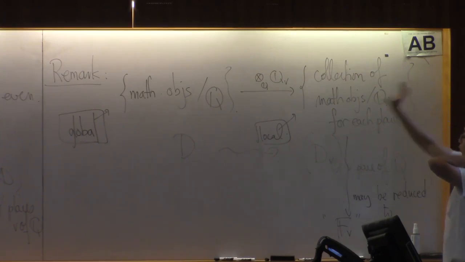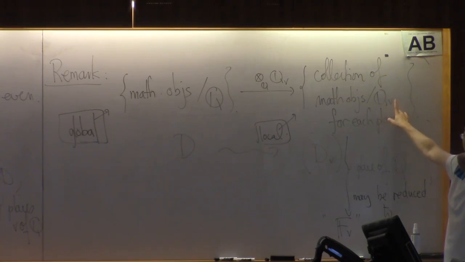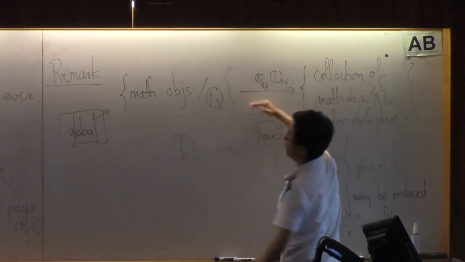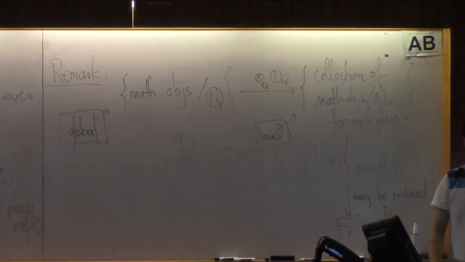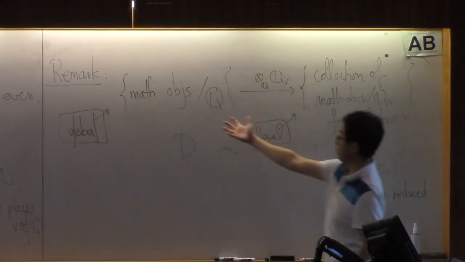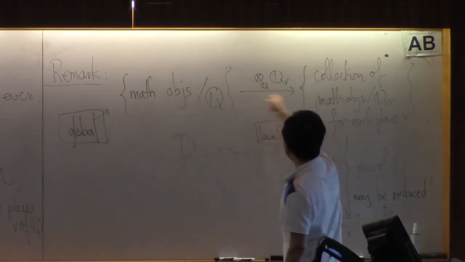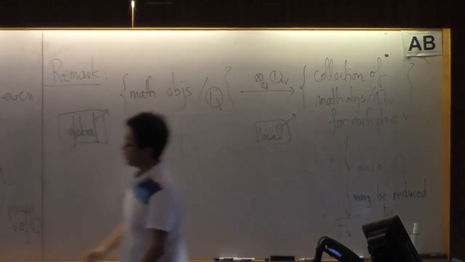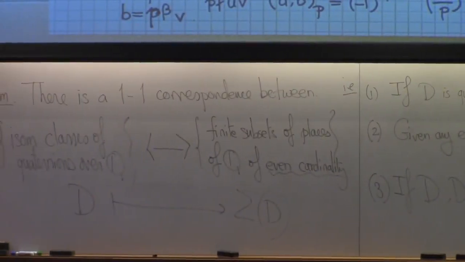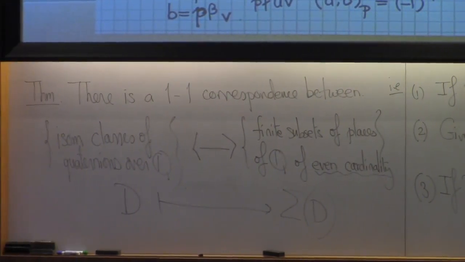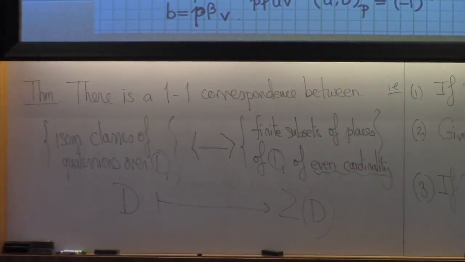Step one is that if you want to understand the global object, you first understand it locally. Step two is that you try to really understand this map: how much of the global information is captured by the local information. For example, whether this map is injective or not, which is true in my case, like in the case of quaternions. The global one is uniquely determined by the local one.